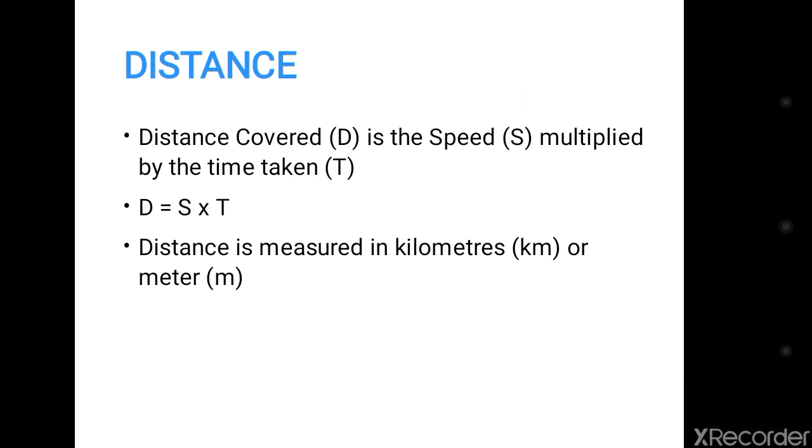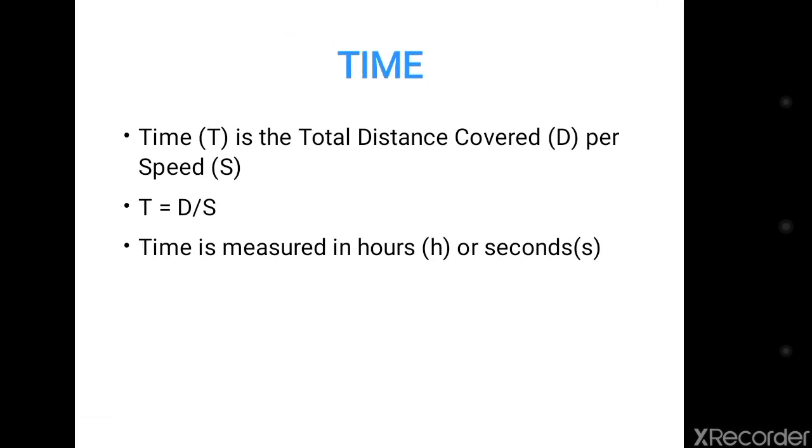Distance. Distance covered is the speed multiplied by the time taken. Mathematically, we say d is equal to s times t. Distance is measured in kilometers or meters. Time. Time is the total distance covered per speed.